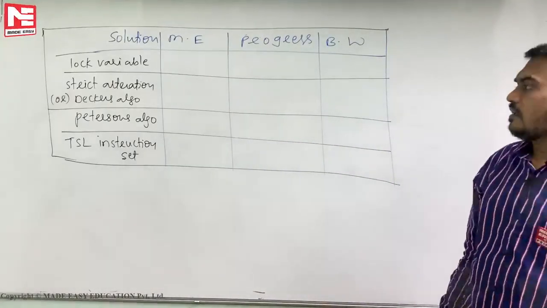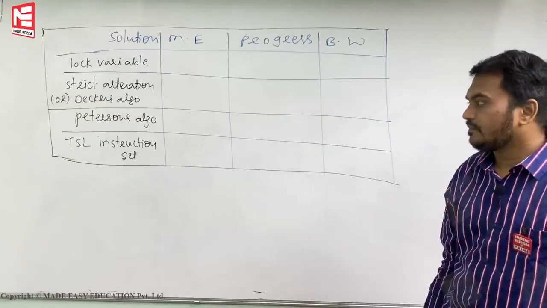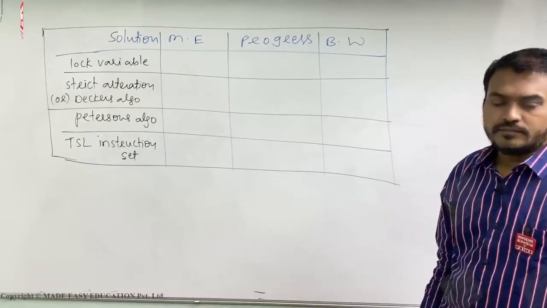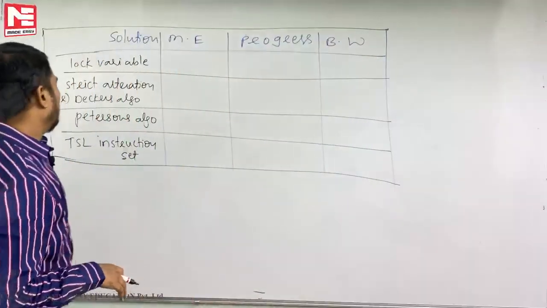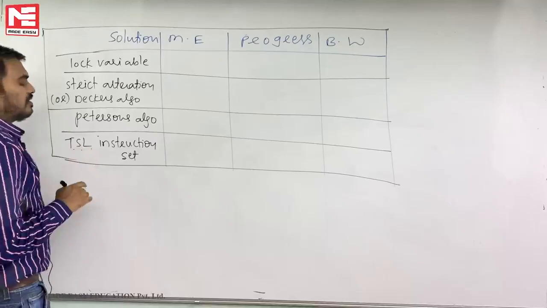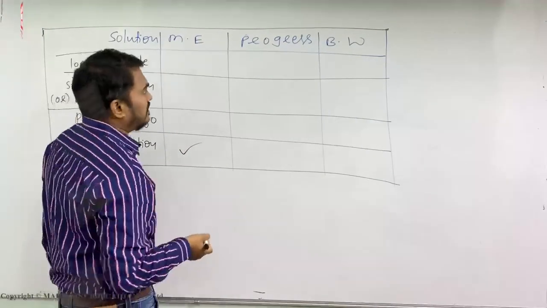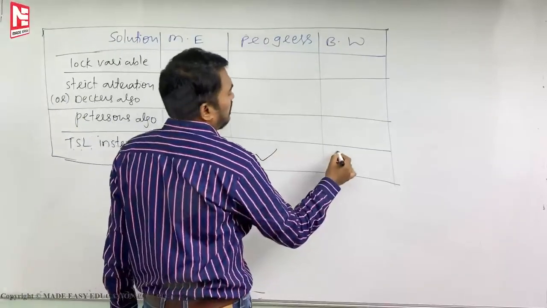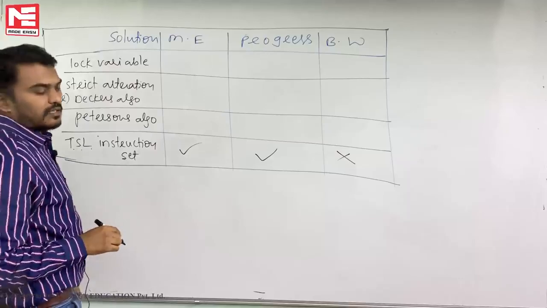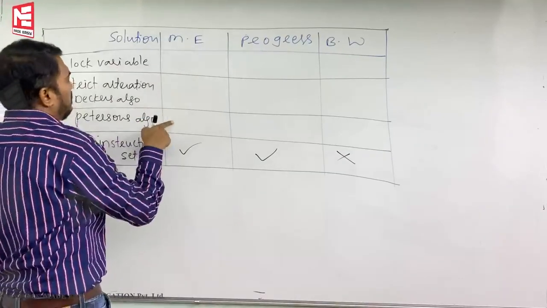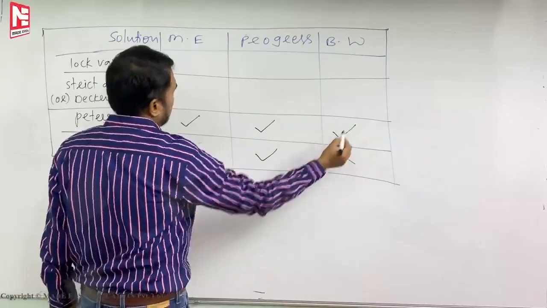Pause my video and make the table. Okay, and now tell me, just fill the table. TSL instruction set, TSL में mutual exclusion satisfied, yes. Progress, yes. Bounded waiting, no. Next, Peterson algorithm: mutual exclusion satisfied, yes. Progress, yes. Bounded waiting, yes.